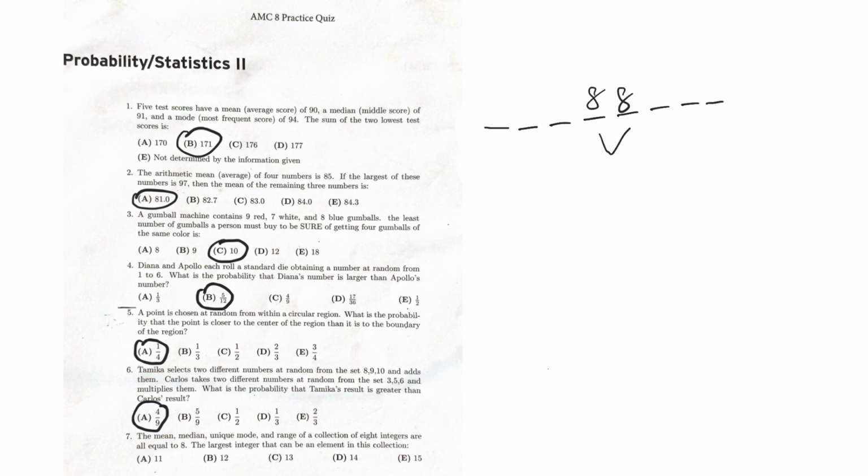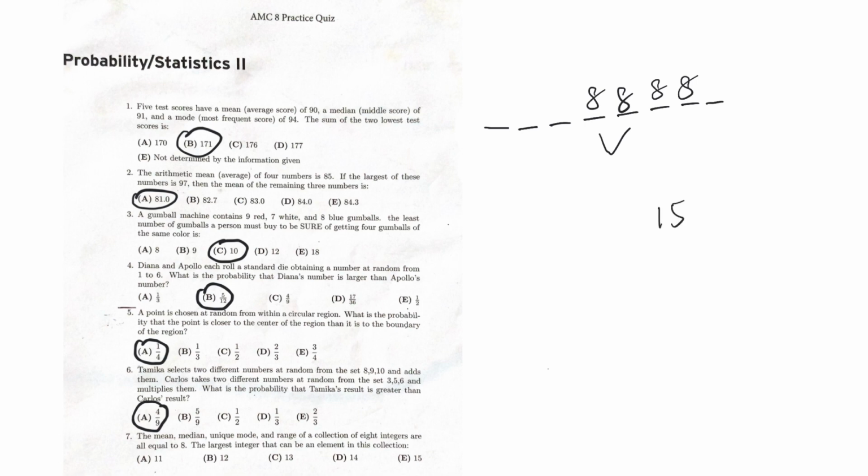Because the median is 8 and the mode is 8. For the mode to be 8, we try to use as many 8s as we can. And the range is 8. We want the biggest number.